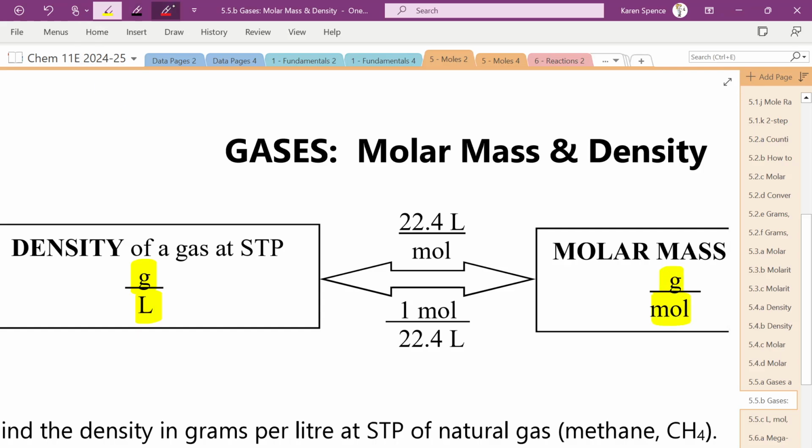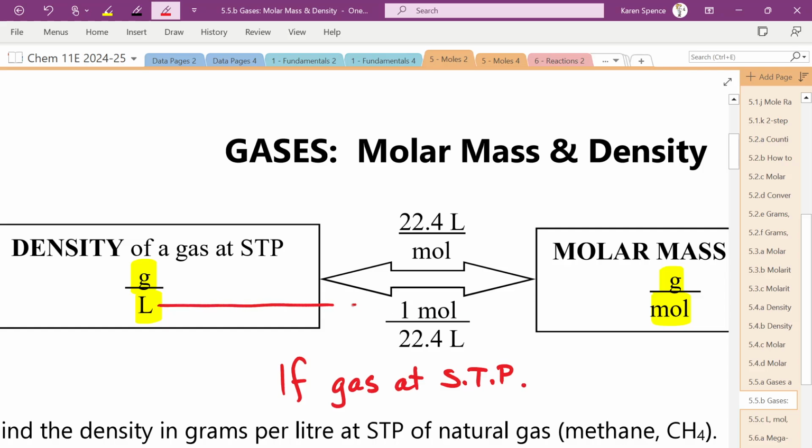And if we have a gas at STP, guess what? You can convert from liters to moles. Yes? So you can go back and forth between density and molar mass of a gas at STP by using 22.4 liters per mole.